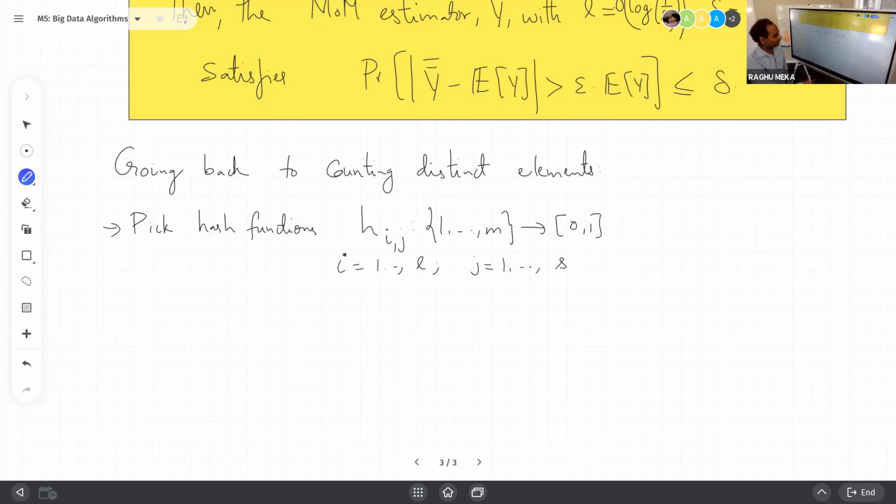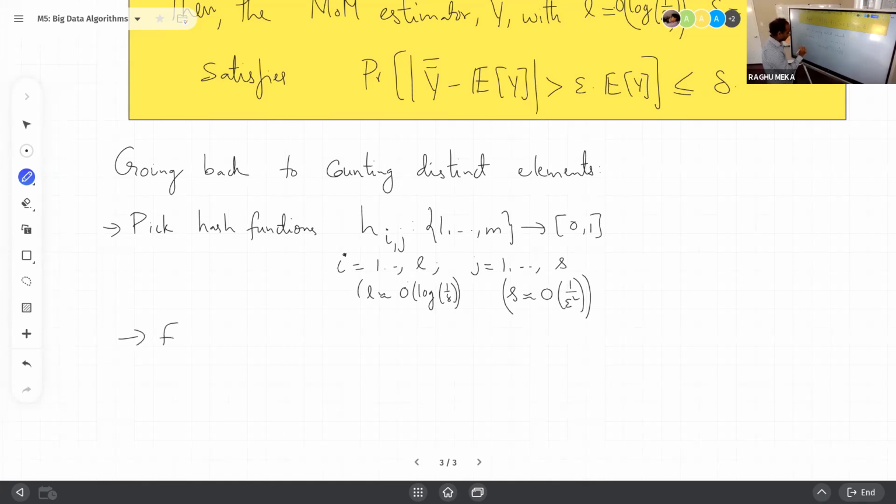Okay. So for L is log 1 over delta roughly, S is some constant over epsilon squared. Okay, so L is O of log 1 over delta, S is O of 1 over epsilon squared.